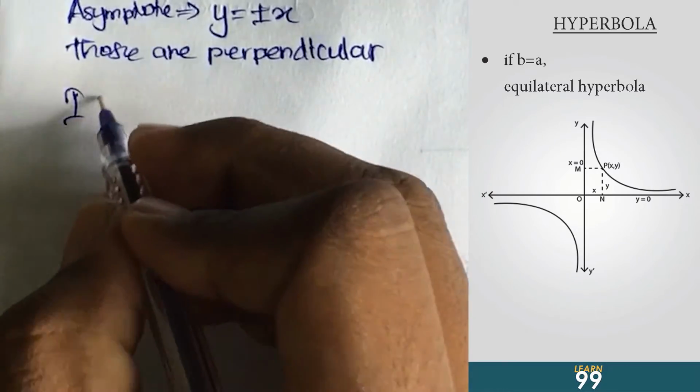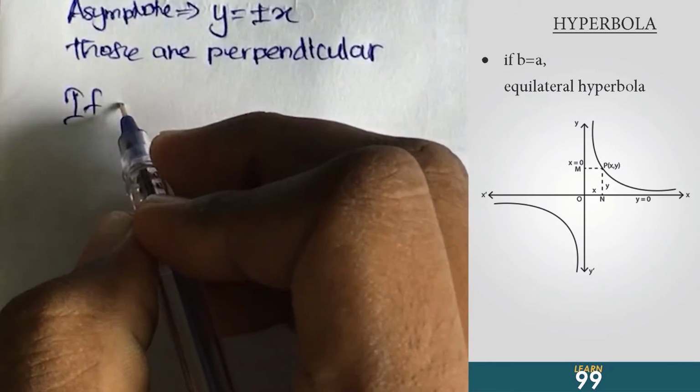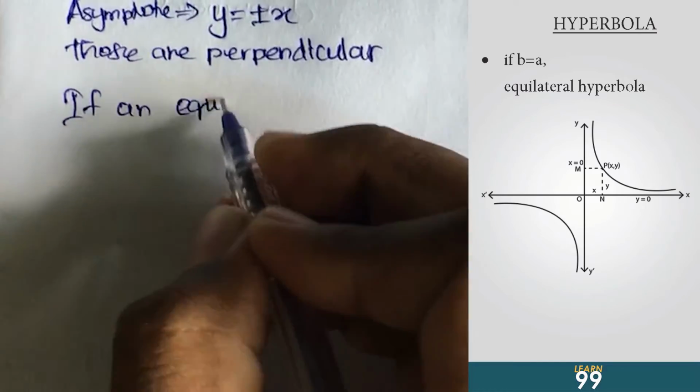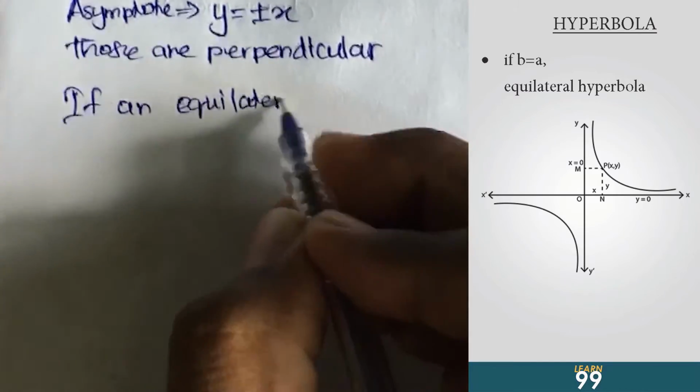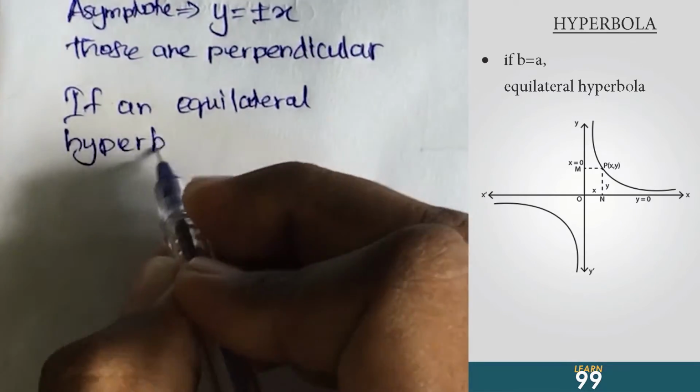Also we can get an important graph from this equilateral hyperbola by turning this hyperbola by 45 degrees.